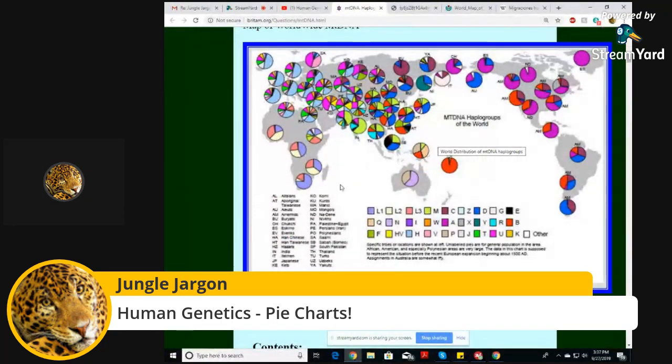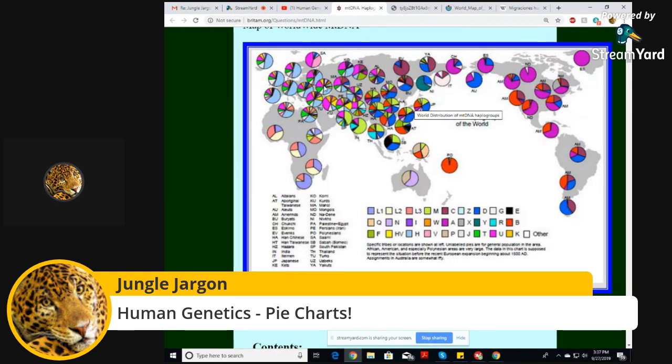The first one is the mitochondrial DNA. You can see everybody represented here in the middle, and everybody spreading out from the middle, going to these different places. So the different families went different places from the Middle East, basically.